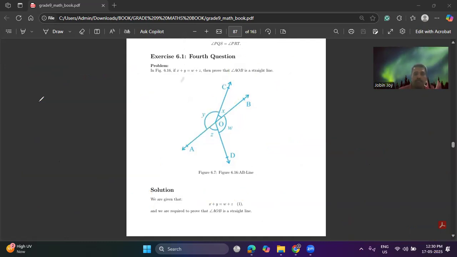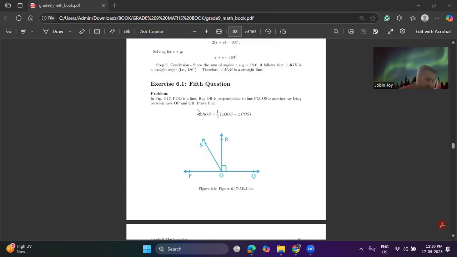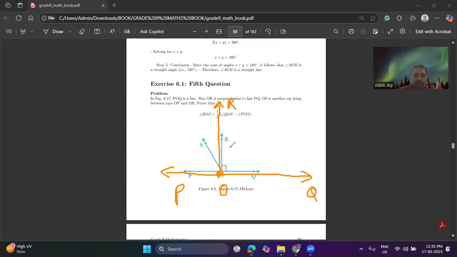Question number 5. Here we have a line POQ. This is our line POQ. And this is our ray OR. And there is another ray OS lying between OP and OR.